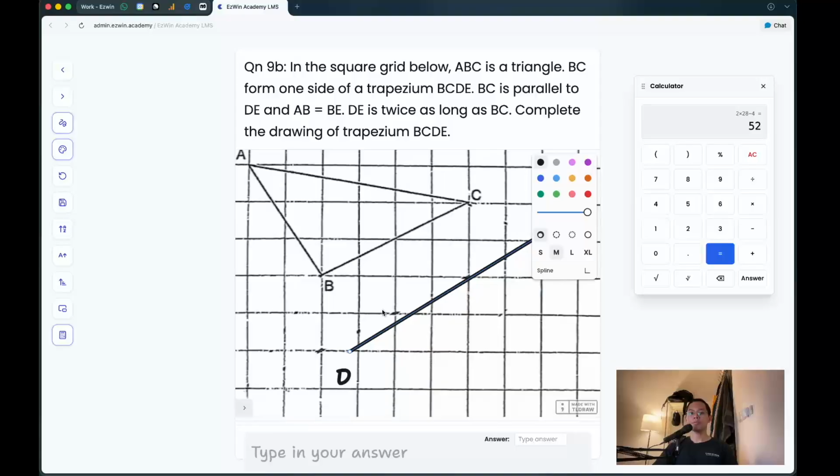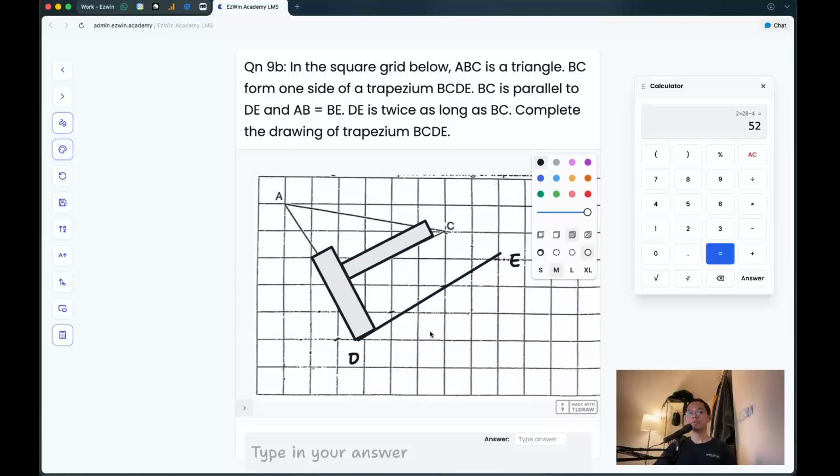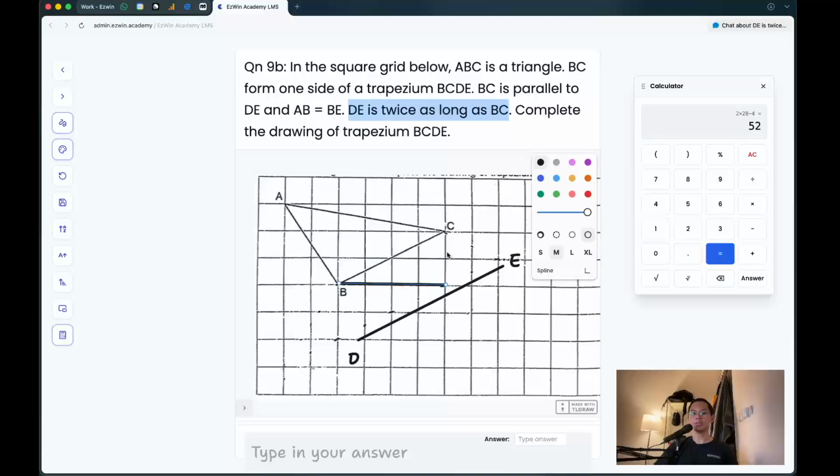If you have your ruler, you can use your ruler to make the parallel lines as what we see over here. So the lines will look something like this. The most important part is that DE is twice as long as BC. So how do we measure BC over here? We will form a triangle that looks something like this.